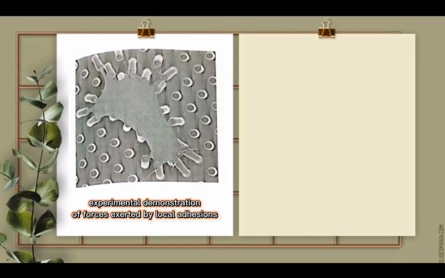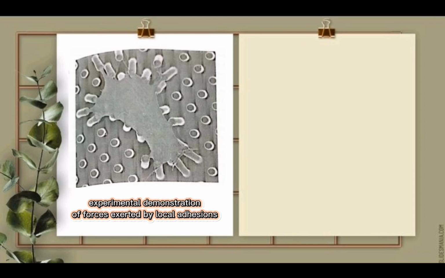So now we are here in the experimental demonstration of forces exerted by focal adhesions. As you can see here in the picture, that is a scanning electron micrograph of a smooth muscle cell sitting atop a bed of flexible, elastomeric microposts with tips that had been coated with fibronectin.